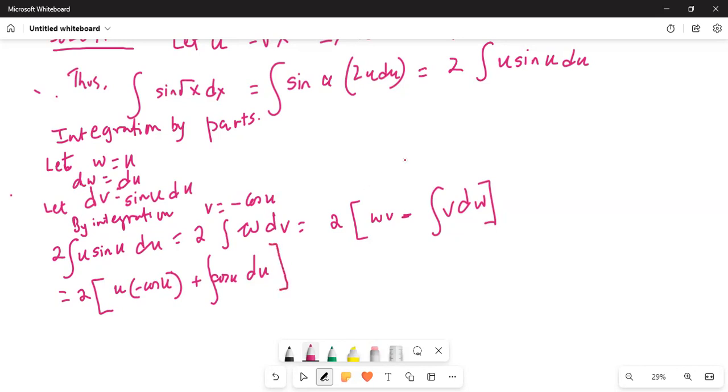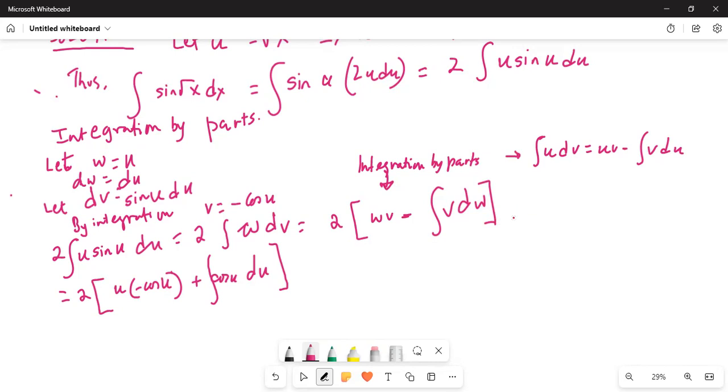This is where I use the integration by parts formula, because the integral of u dv is equal to uv minus the integral of v du. Same thing I used over here. Then I substituted w as u, v as minus cosine u.